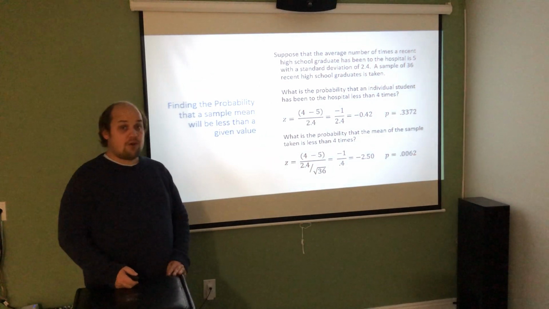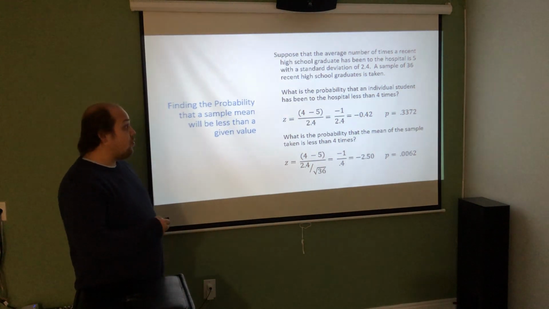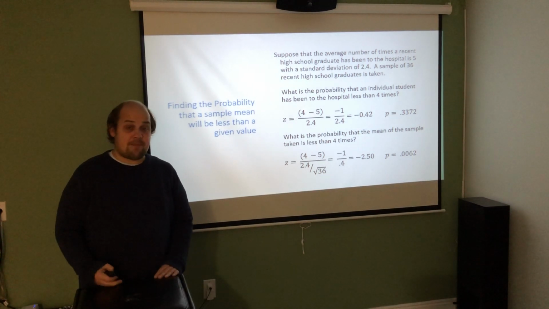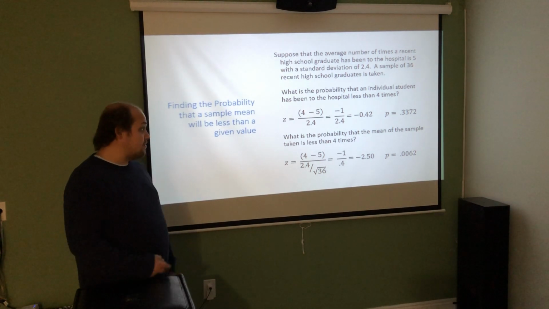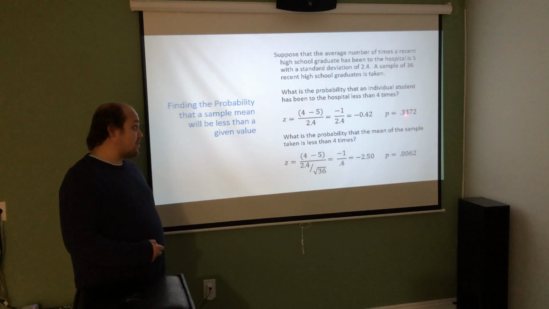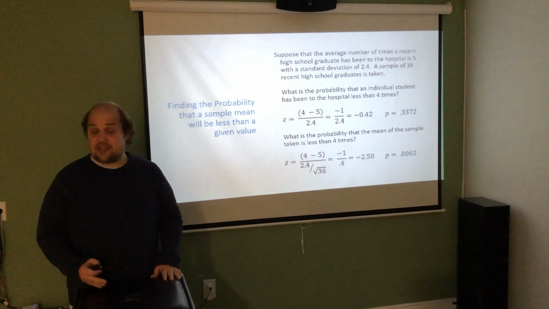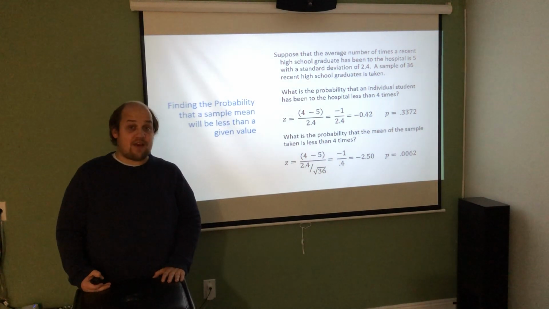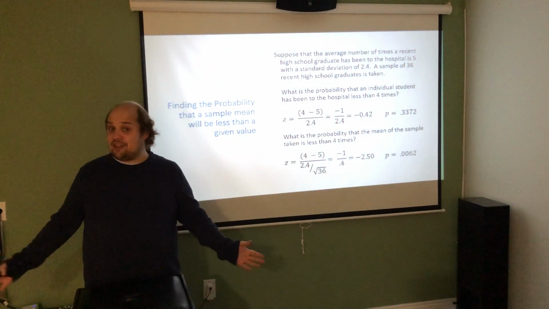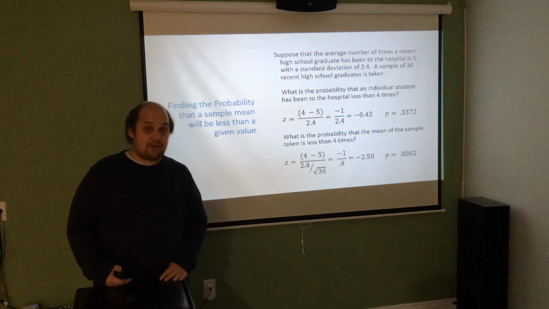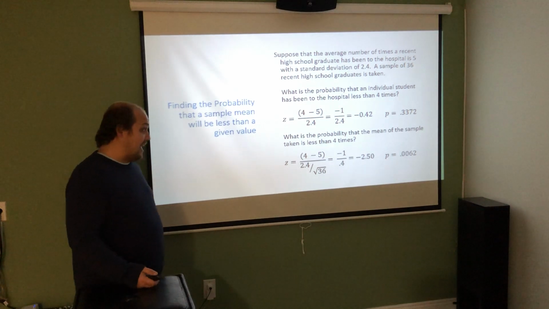So in real world terms, what this means is, if we're only looking at one student, the chance that they really haven't had anything serious happen and they've been to the hospital less than 4 times is 33%. So somewhat likely, almost 34% really. As opposed to if we take 36 students, and it's true that on average somebody of that age has been to the hospital 5 times, the chance of us finding 36 people who are all less than the average and unlikely to go to the hospital, it's not as likely to happen.